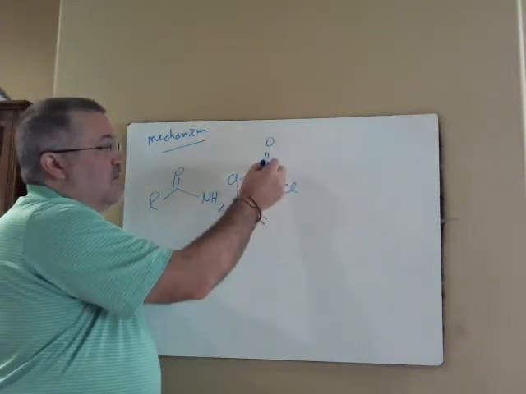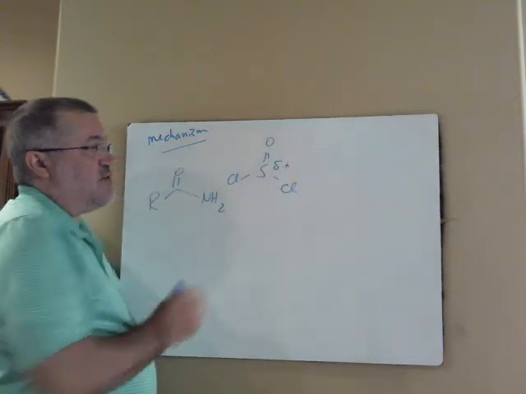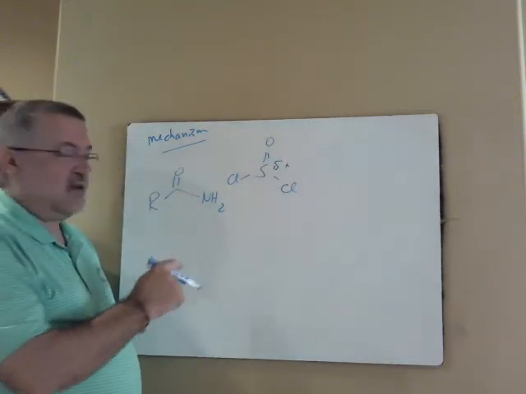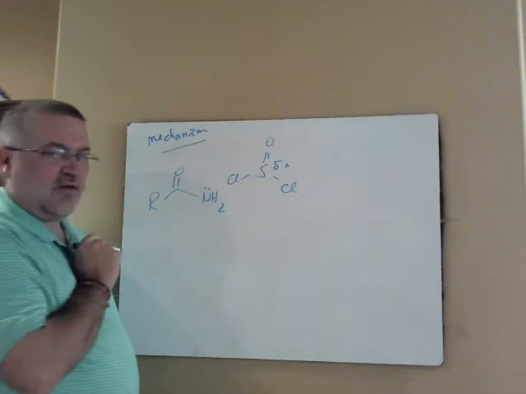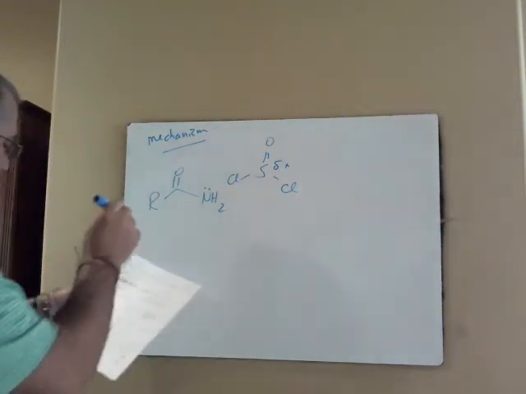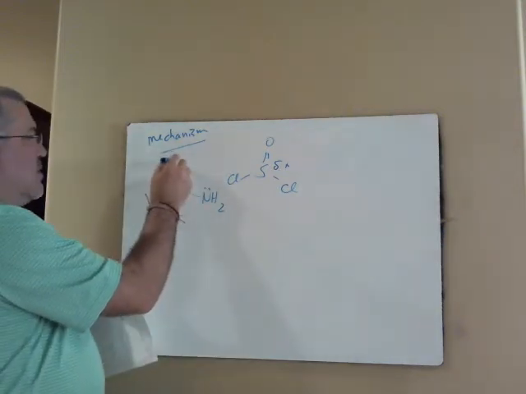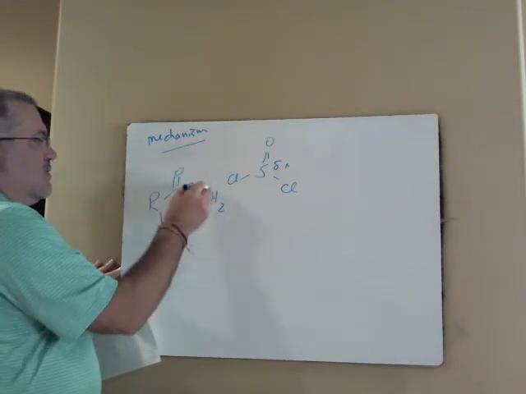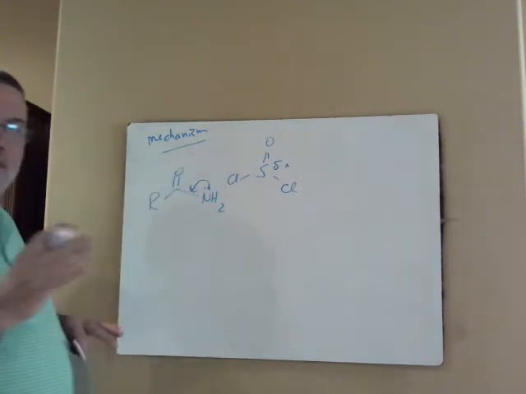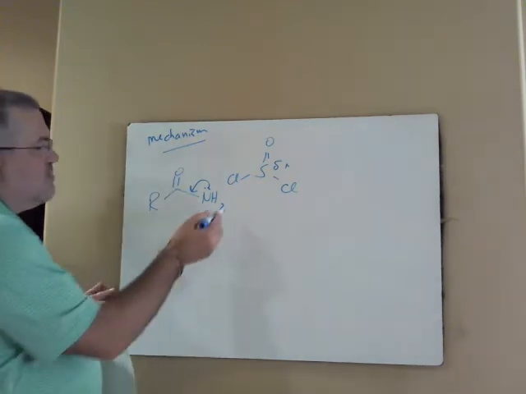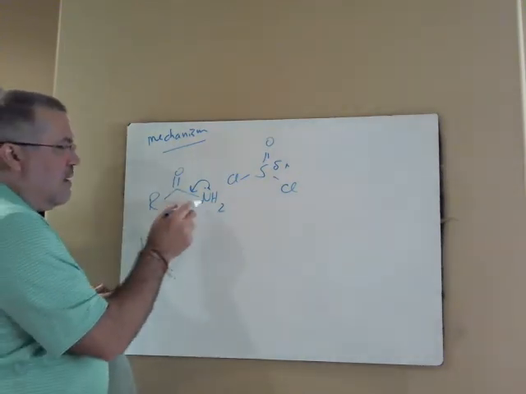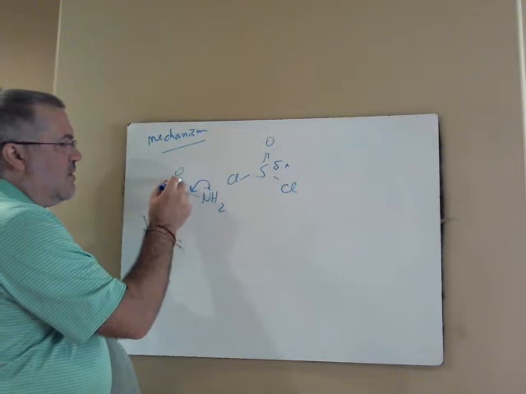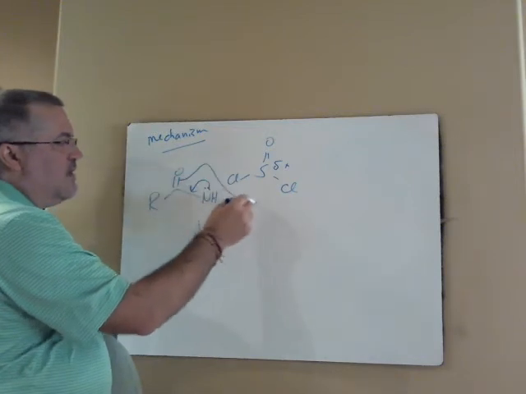The sulfur has a partial positive, so it acts as the electrophile, and the nucleophile is either the nitrogen or the oxygen, or it's better illustrated as the electrons from the nitrogen move in to form a double bond, and when they do this, that pi bond breaks.